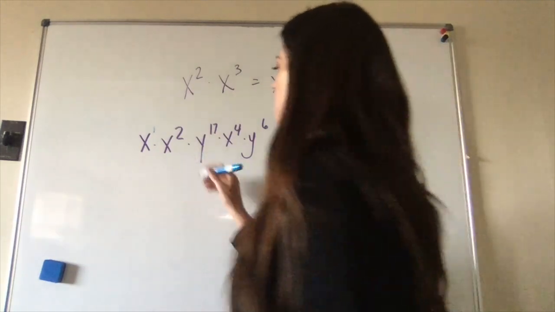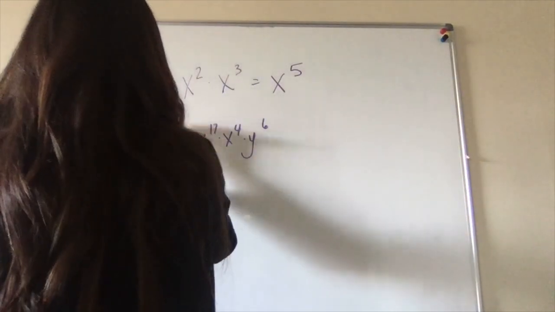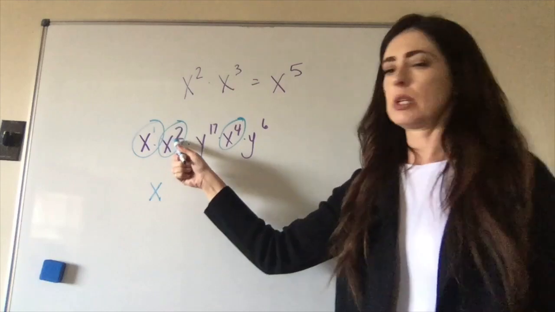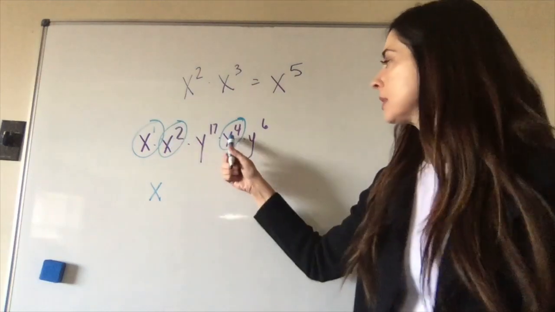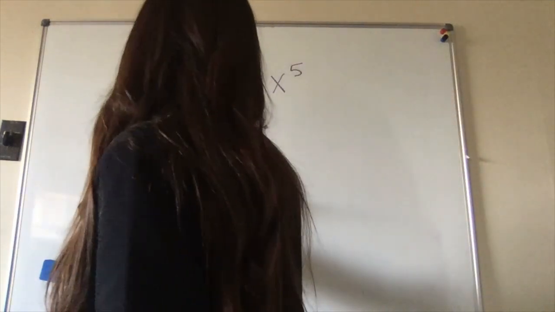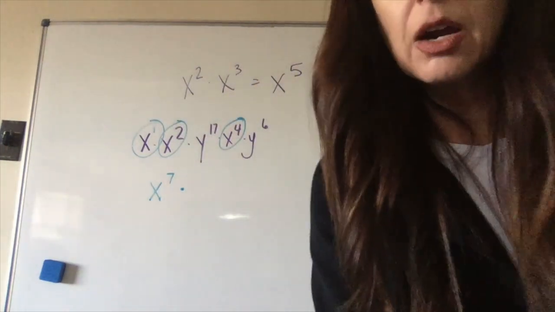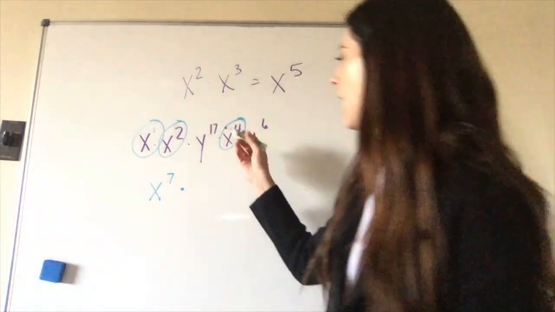Okay, so x's. Let's look at how many x's we have here. We have x squared, x to the 1st, and x to the 4th. So x to the 1st plus 2, 1 plus 2 is 3, plus 4 is 7. And then we're going to bring down a multiplication symbol, and then we're going to look at our other terms. We also have y's, okay?